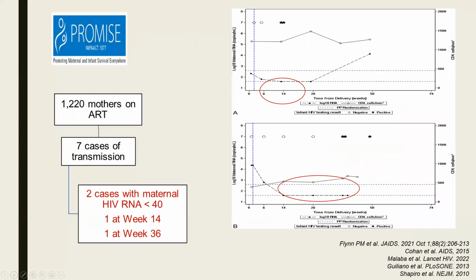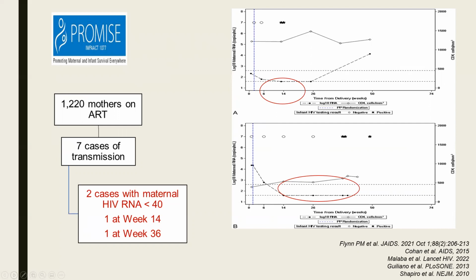And we do have that with PROMISE, which is one of the newest studies in IMPAACT that evaluated this. So out of 1,220 mothers on ART, they were able to evaluate cases of both perinatal transmission, in utero transmission, as well as postnatal breast milk associated transmission.